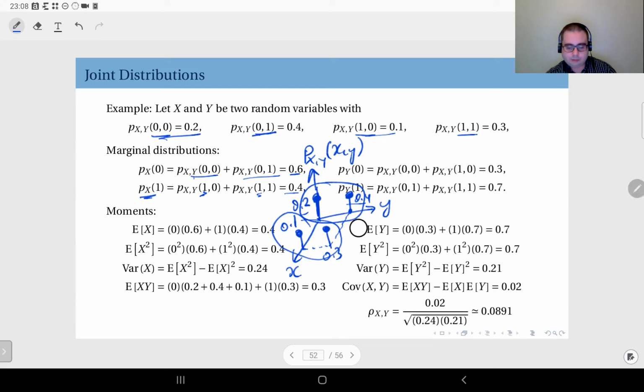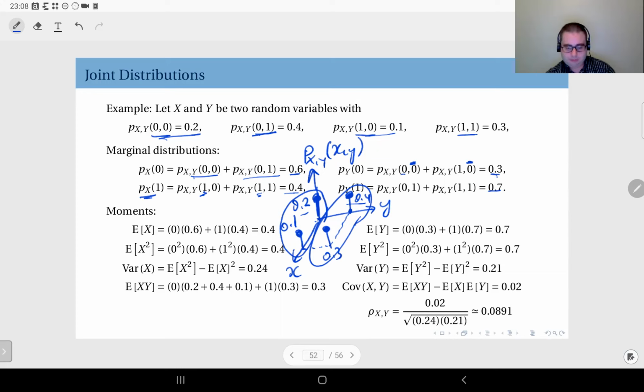How about the marginal distribution of y? Similarly, for y equals 0, y equals 0 here and y equals 0 here, I need to add these two up. So 0.1 plus 0.2, you get 0.3. And for y equals 1, these two are the possible outcomes, therefore 0.7.